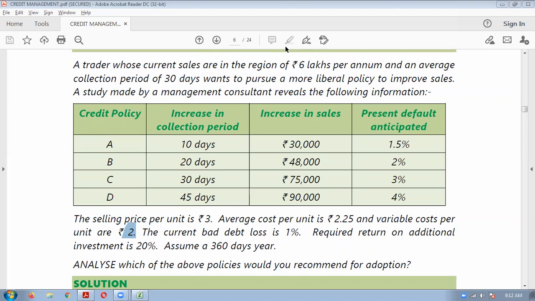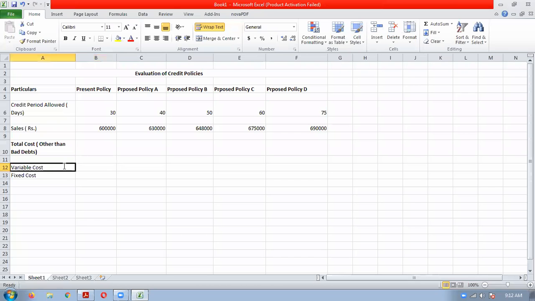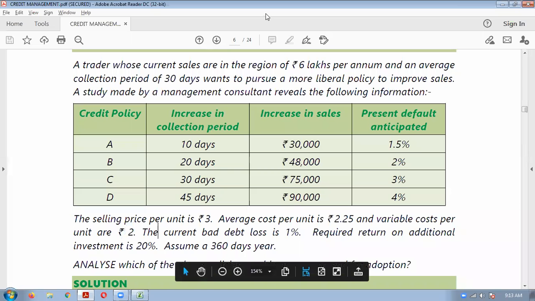So it is simple. How will we calculate variable cost? Variable cost per unit into number of units. What is variable cost per unit in this question? 2.